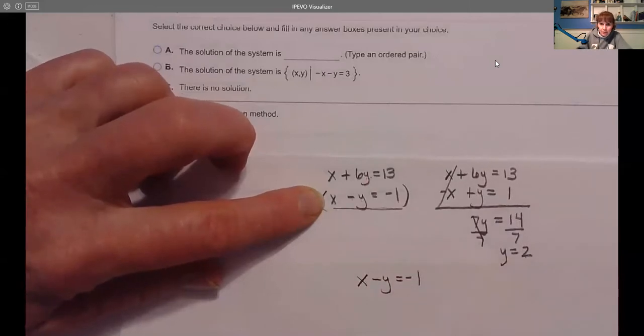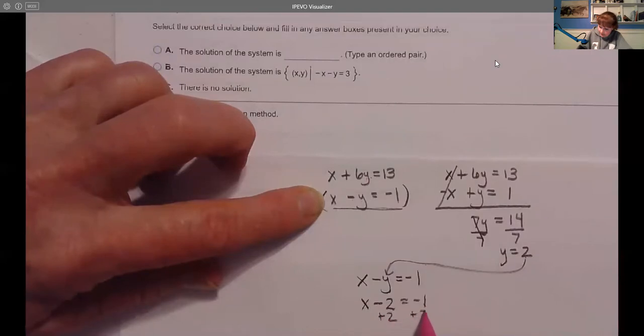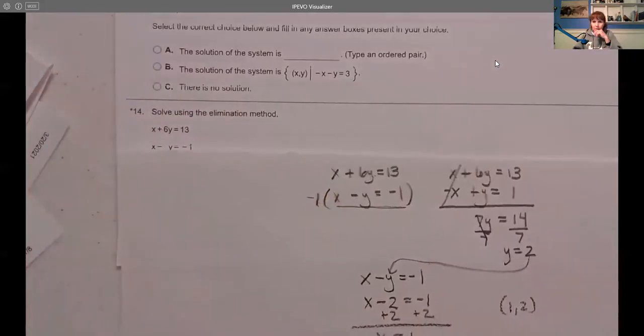That was the second original one. So I'm going to put this right here. And well, that wasn't so bad. Add 2. x equals 1. 1, 2. We'll work in both of those equations.